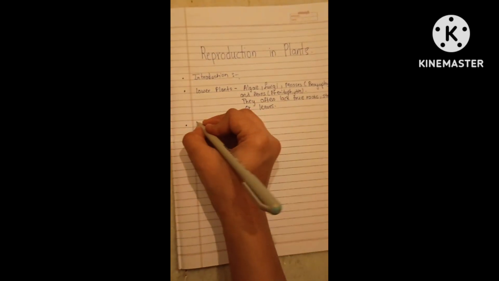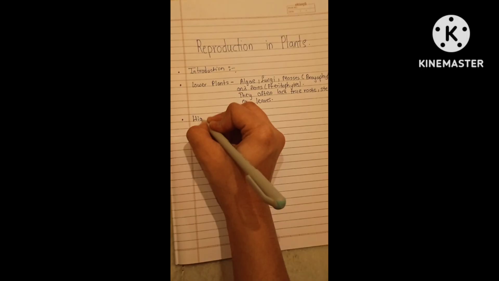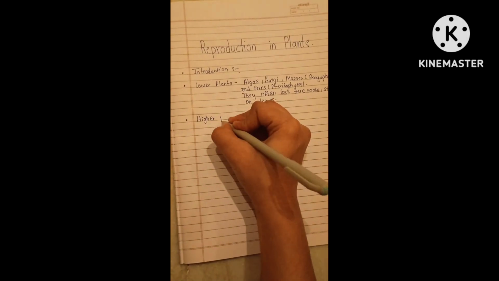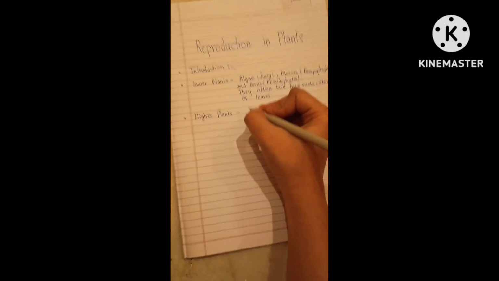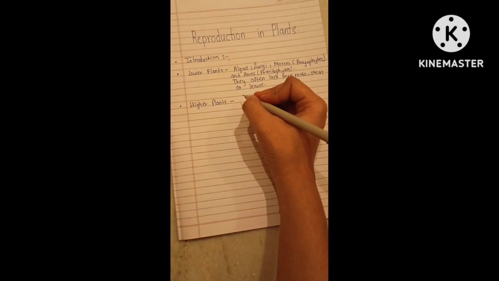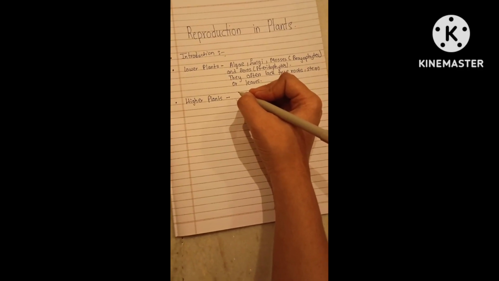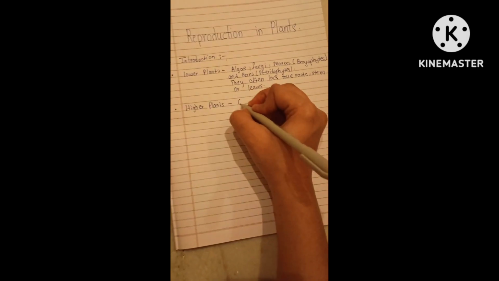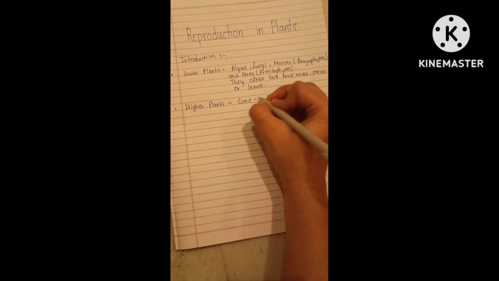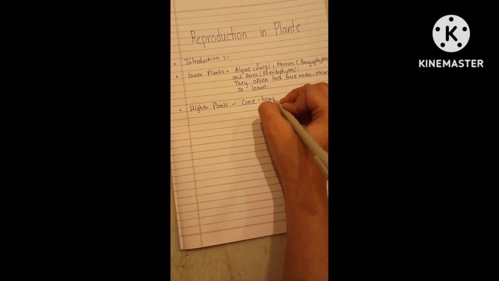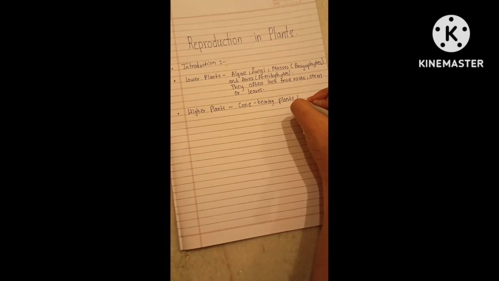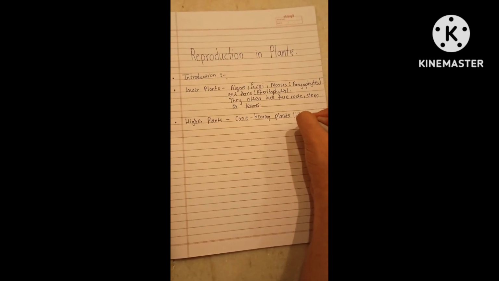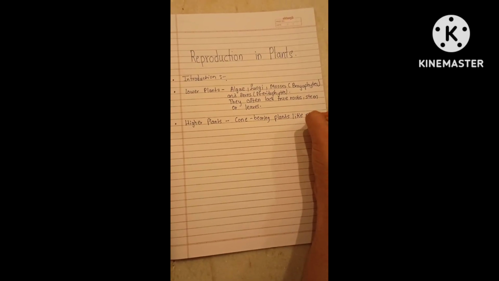Now the higher plants. These are the more complex and vascular plants. This includes cone-bearing plants like pines.